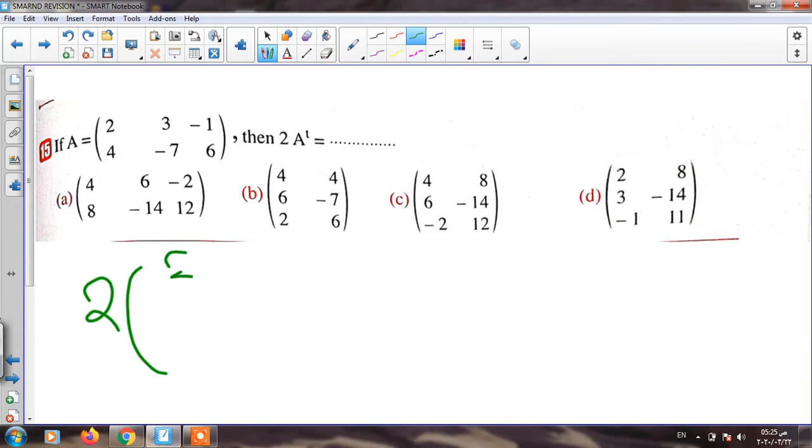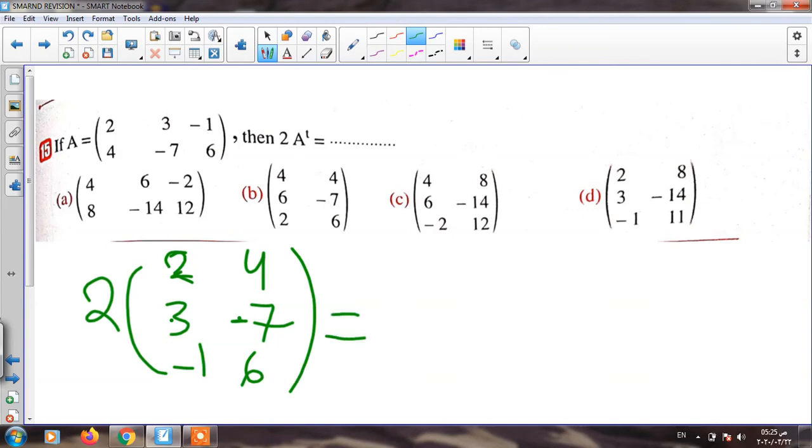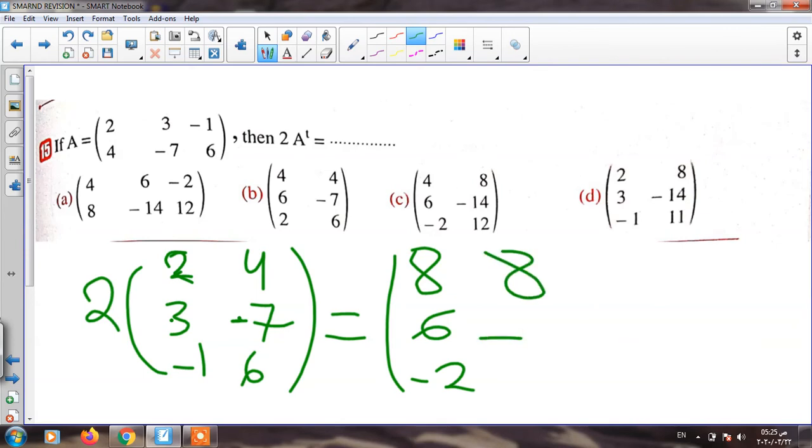It's 2 and 3 and -1, here 4 and -7 and 6. It's going to be 8 and 6 and -2 and 8 and -14 and 12. So it's going to be which choice? Choice number C.